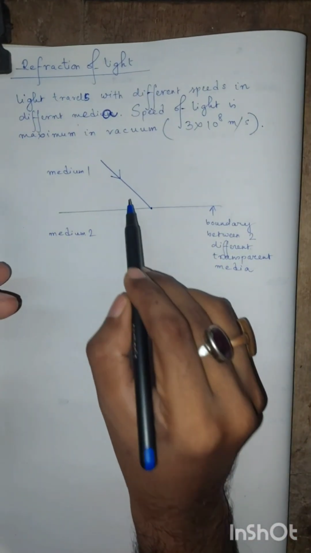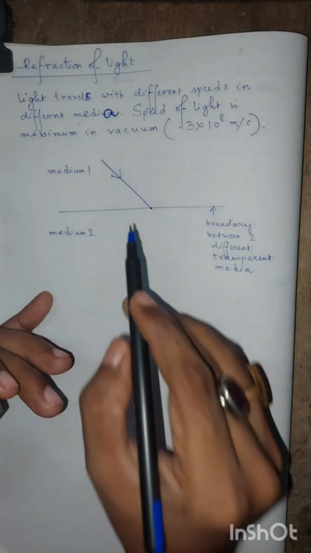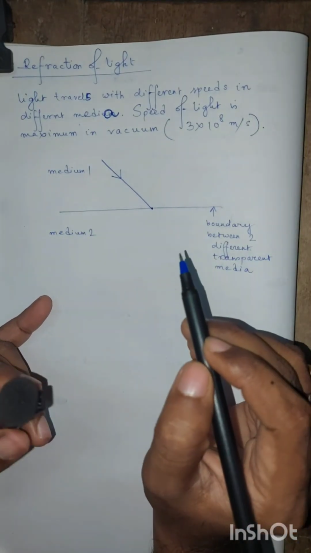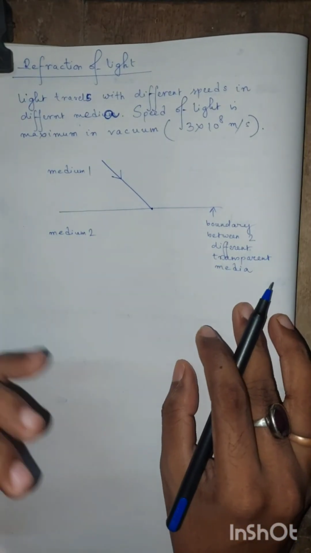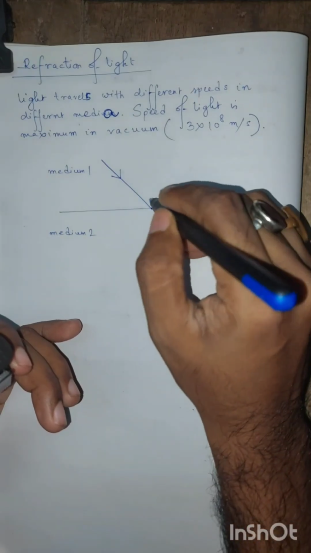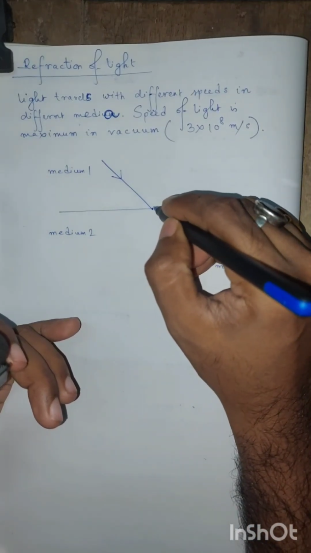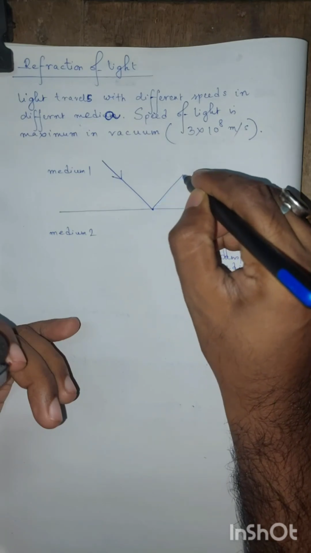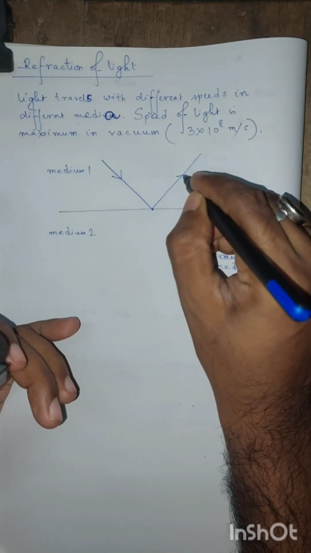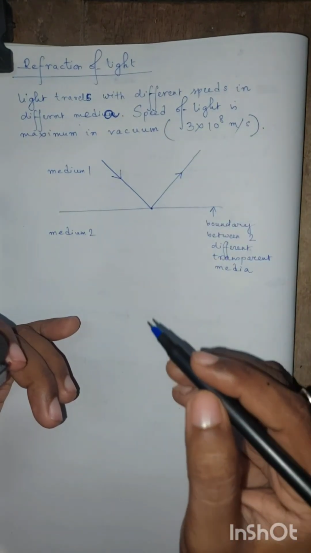So light ray is coming and striking the boundary obliquely. Then a part of this light ray enters the second medium and another part gets reflected back into the same medium.